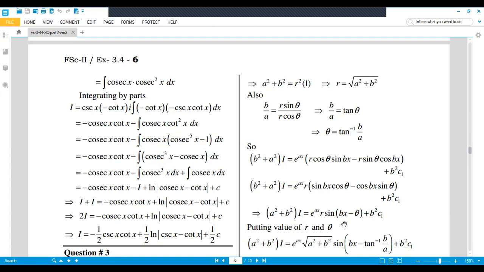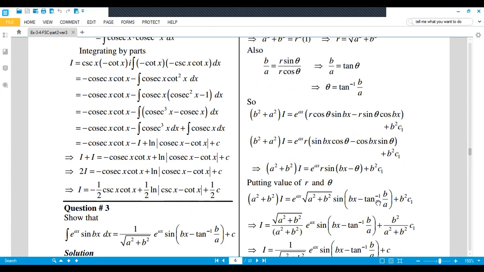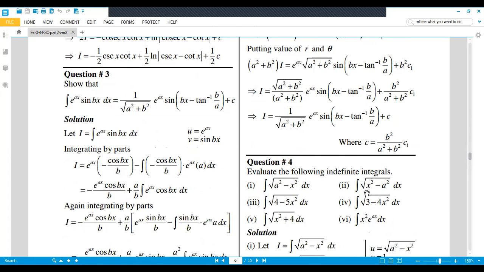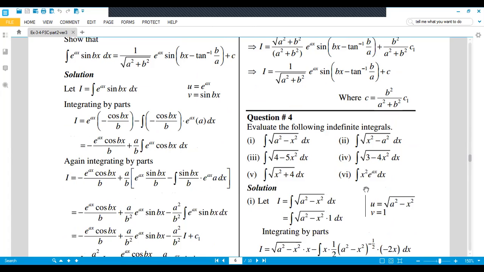So alpha is bx and beta is theta. We put the value of theta, that is tan inverse b over a, and the r value we already found, under root a square plus b square. So we get the required result, and this whole thing is equal to c. We get our required result. Come to question number 4.